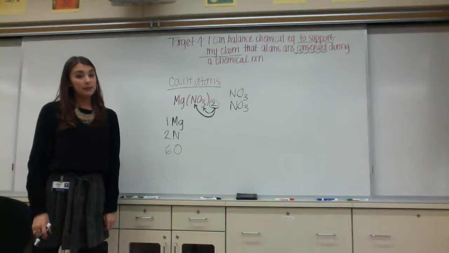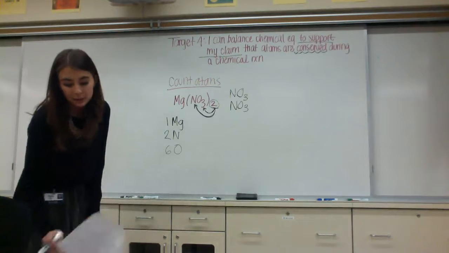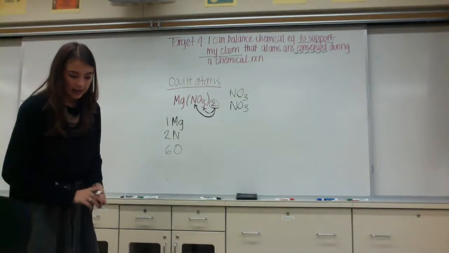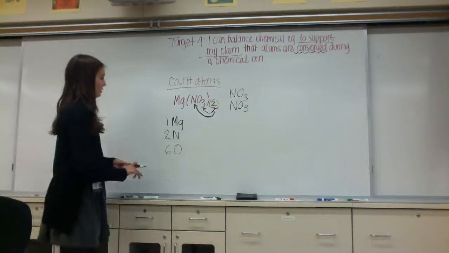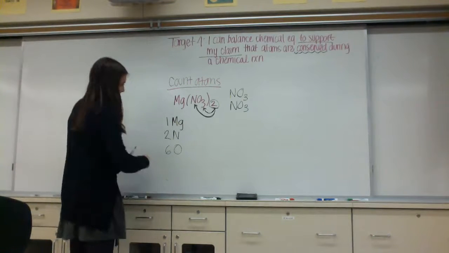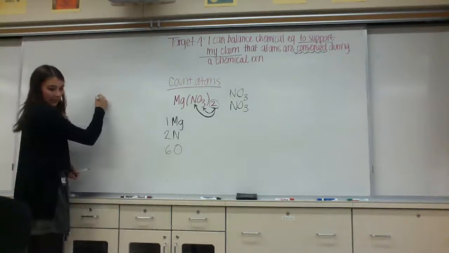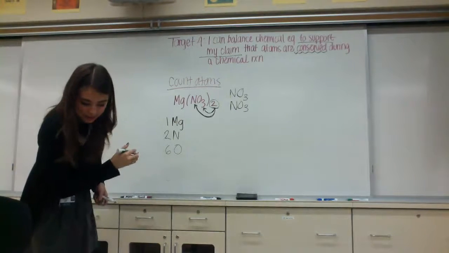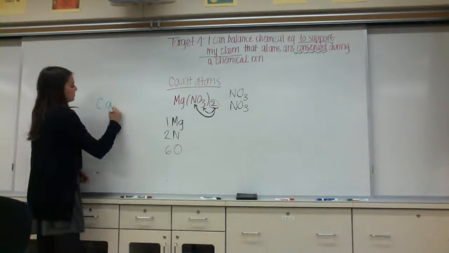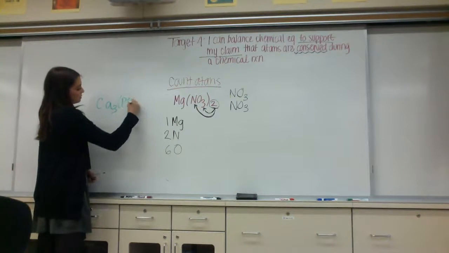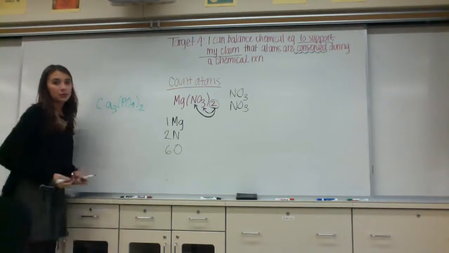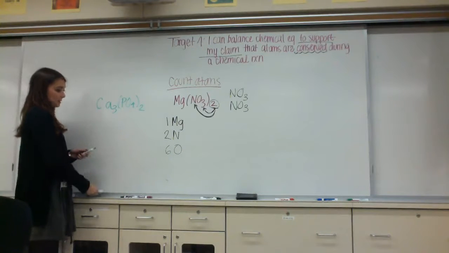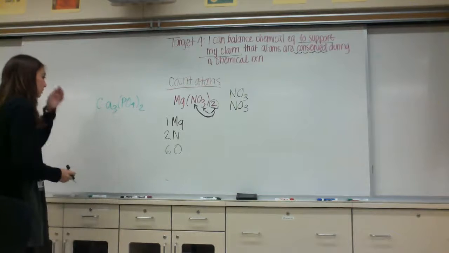Not too bad, right? I'm actually going to give you a practice one to count with some parentheses. Let's look at Ca3(PO4)2. Okay? This one is a practice, okay? This is not in your notes.